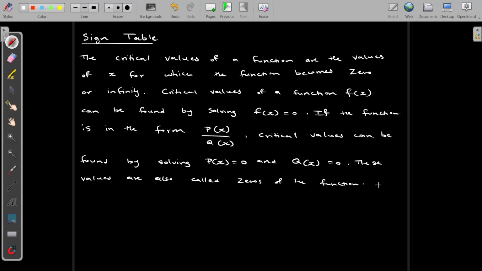Alright, so the critical values are basically our solutions to the function. And if the function is given in the form where we have two functions of x being divided in each other, then we can simply solve the numerator, solve the denominator, and those values would be the zeros of the function. Of course, we'll be looking at some examples and how we can apply the sign table to these questions.